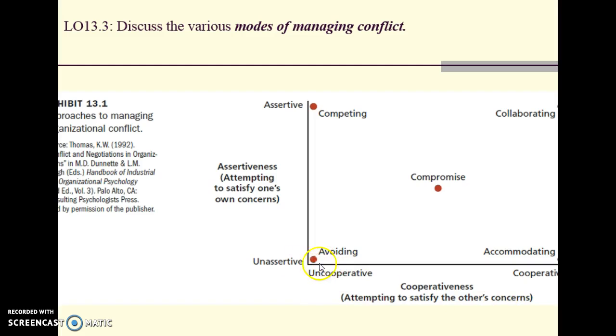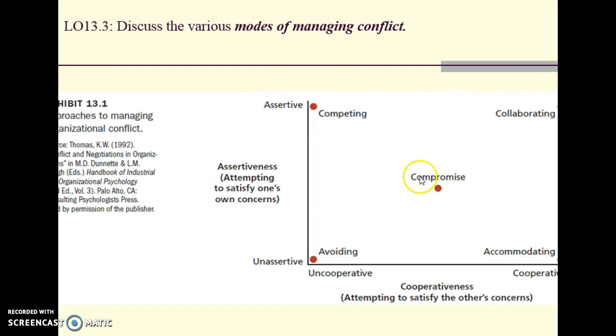Avoiding is unassertive and uncooperative. Competing is uncooperative, but it is assertive. On the other hand, assertive and cooperative is collaborating.